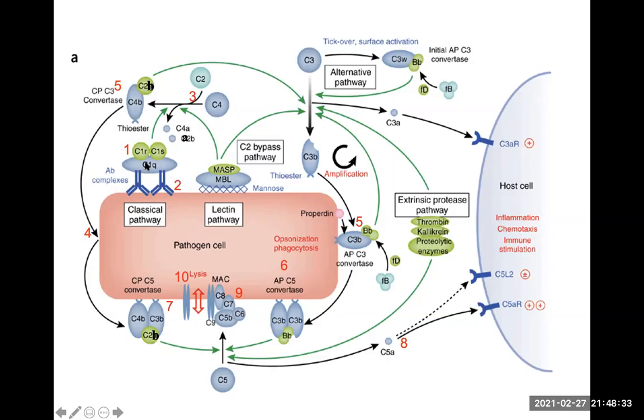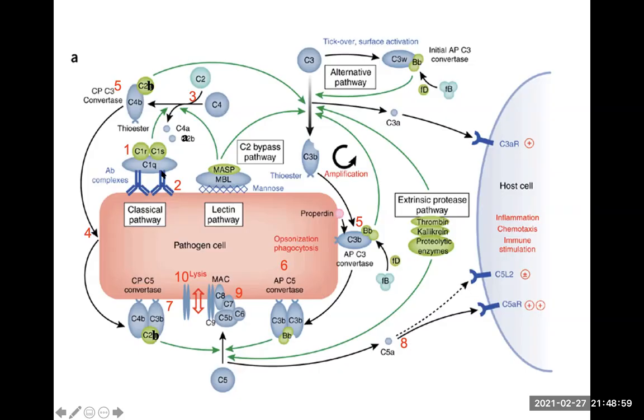In this case, you guys see that the C1 complex is bound to the antibodies, but again, it can also bind directly to the surface. The C1 complex, again, is the group of proteins. The protease of the C1 complex is going to then cleave. So step one is the C1 complex forms and binds to the pathogen cell.